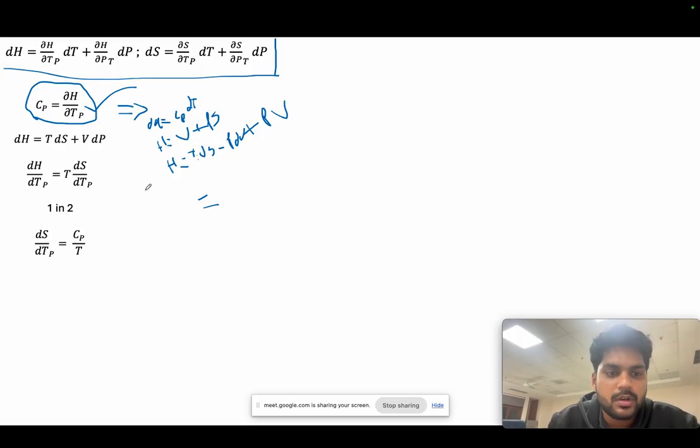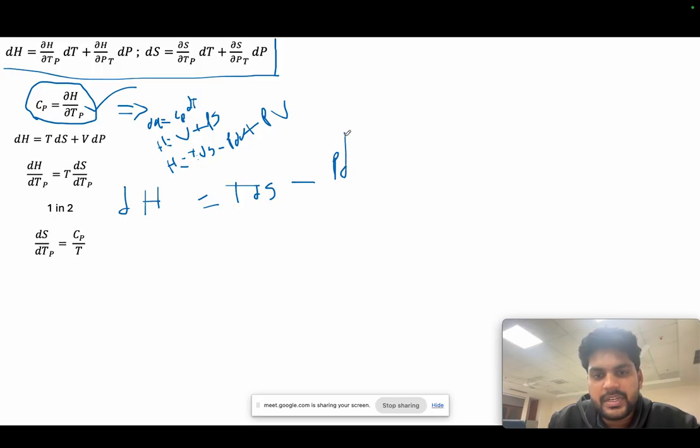So now dH equal to T dS minus P dV plus P dV plus V dP.